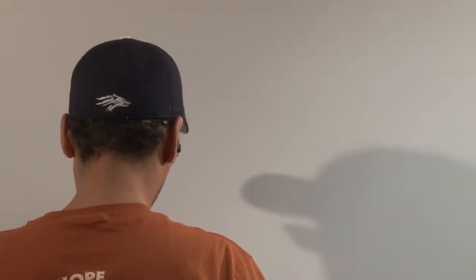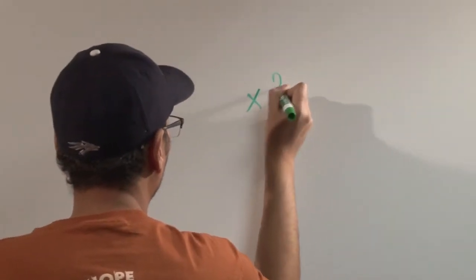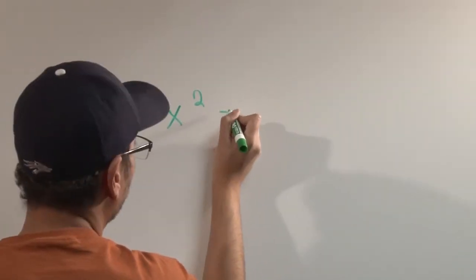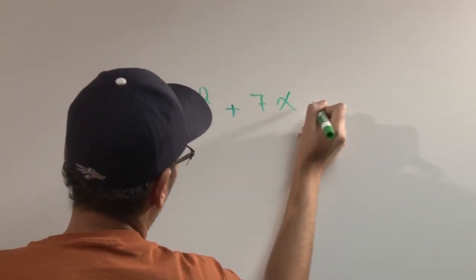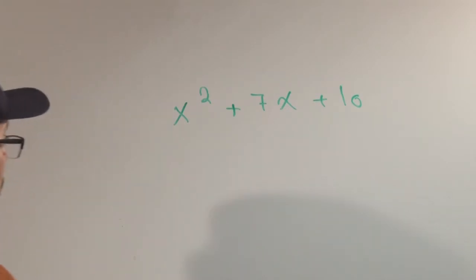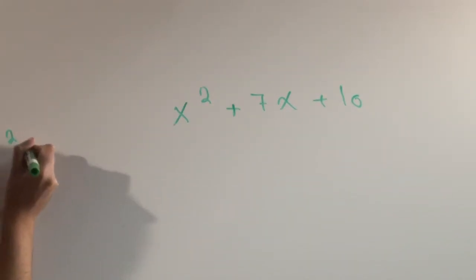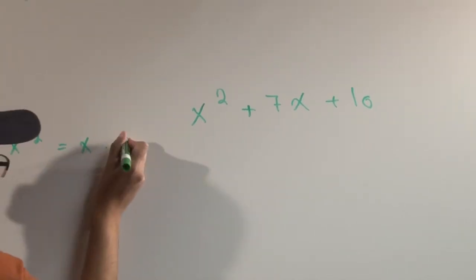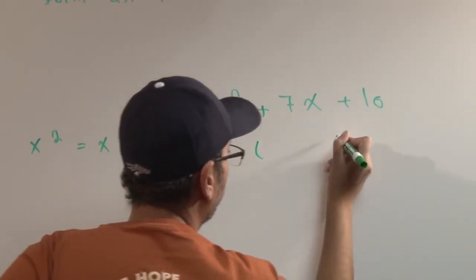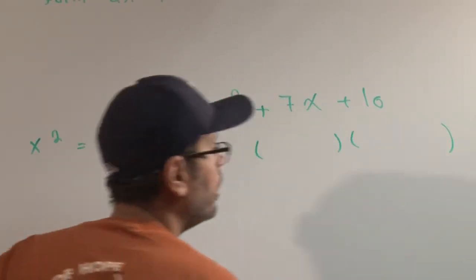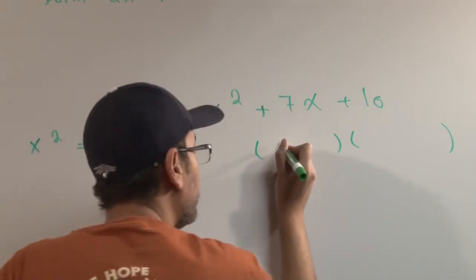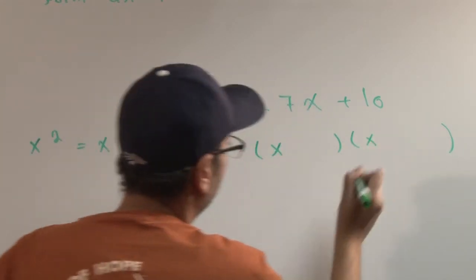If I say x squared plus 7x plus 10. I know that x squared is x times x. So let me make the 2 parentheses, x and x.